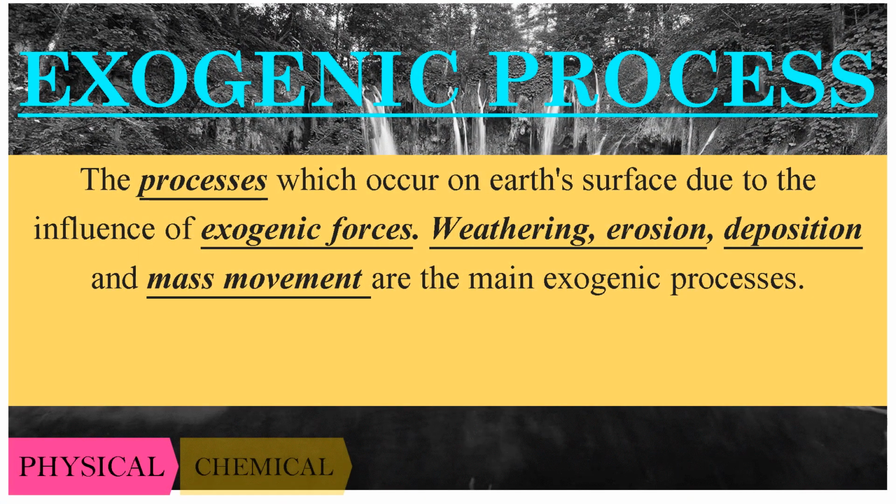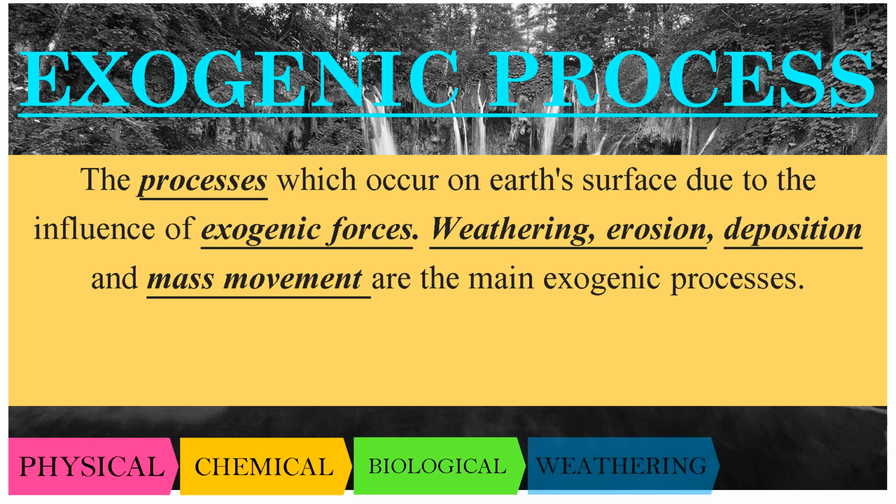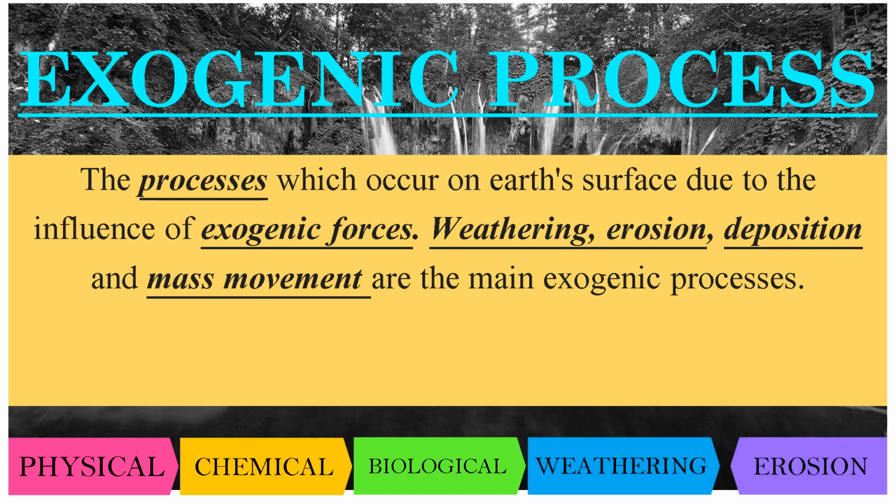The different rock formations that are visible on the Earth's continental crust are possible because of the process called exogenic process. These processes are happening on Earth's surface due to the influence of exogenic forces. Weathering, erosion, deposition, and mass movement are the main exogenic processes.